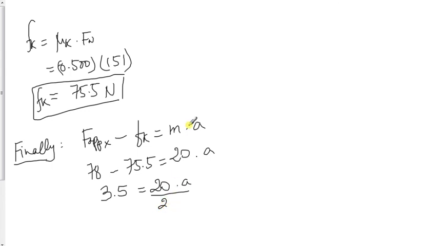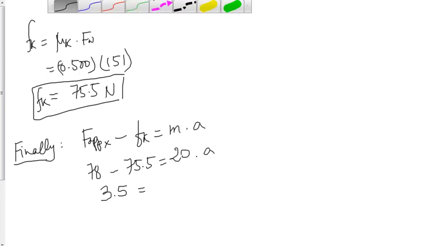The 20s cancel, and the acceleration is equal to 3.5 divided by 20, 0.175.